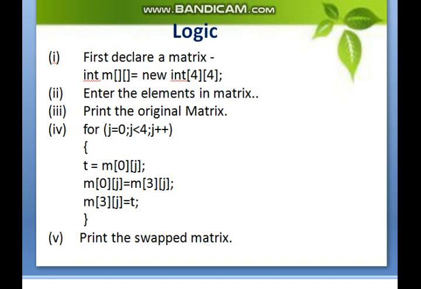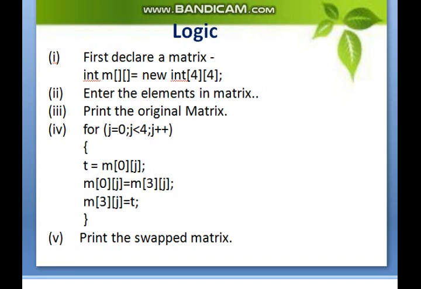After that, we store the temporary variable in the first element of the fourth row. In this way, we swap the first element of the first row with the first element of the fourth row.